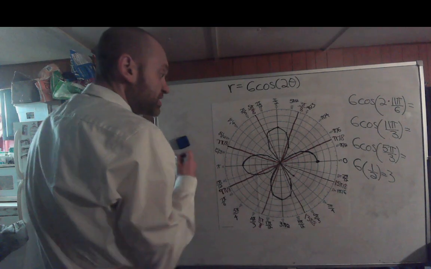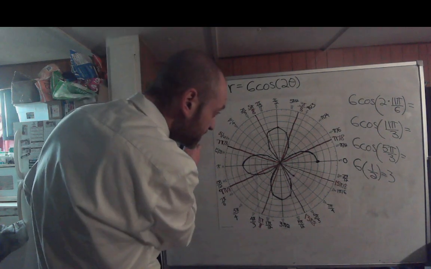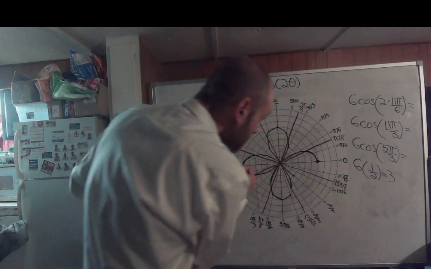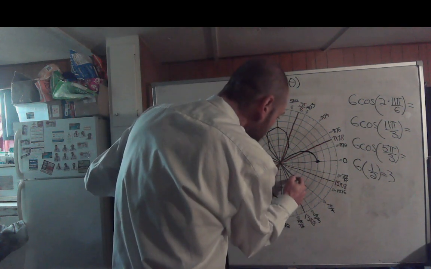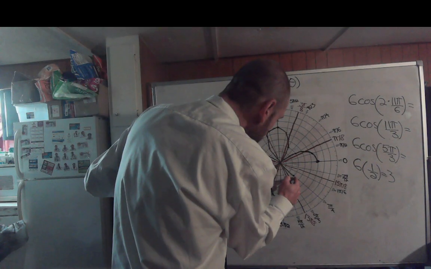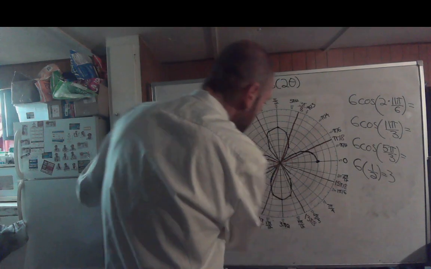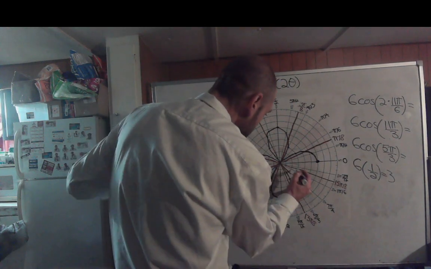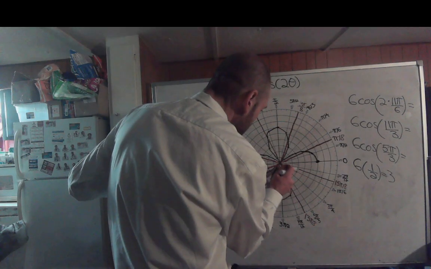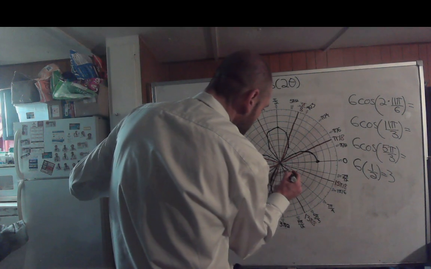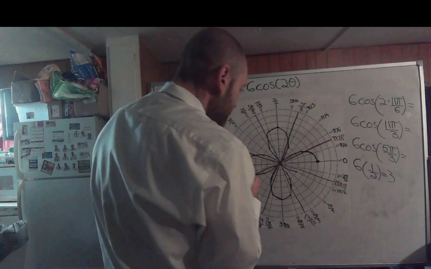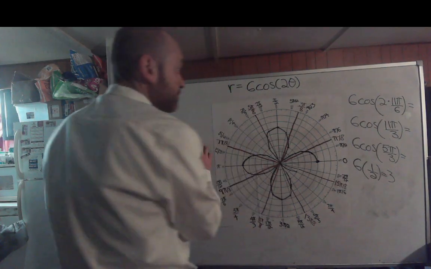And then let's see. We have next. Nope, I drew it wrong. It's 11 pi. There we go. All right. Next then, let's do 15 pi over 8. So 2 times 15 pi over 8.